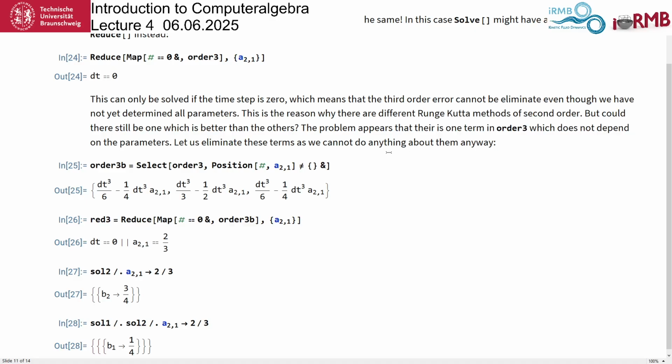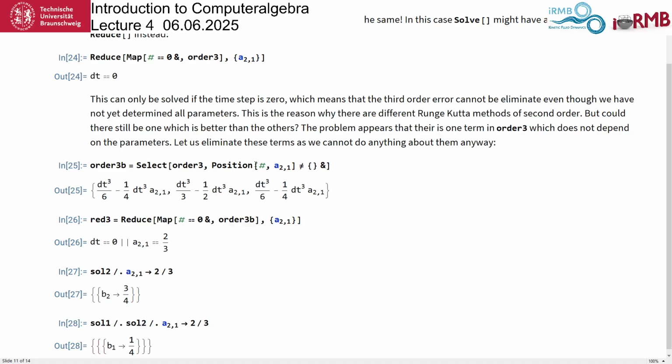So how are we doing this? Order 3b, select order 3. Now here, we again use a lambda function, so we ask for the position of the parameter we are looking for, and we select it only if the position is a non-empty list.